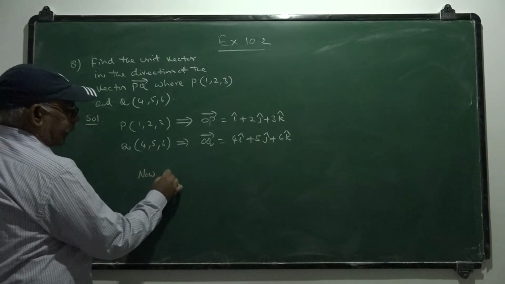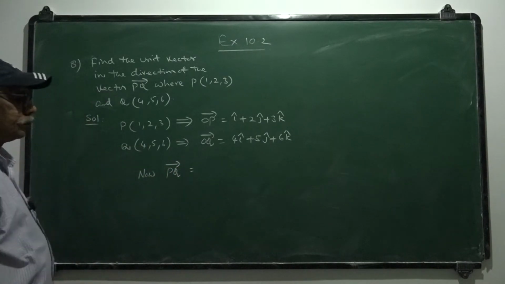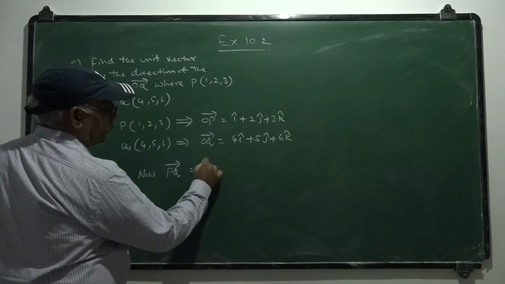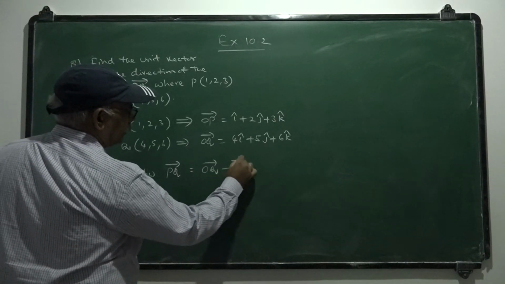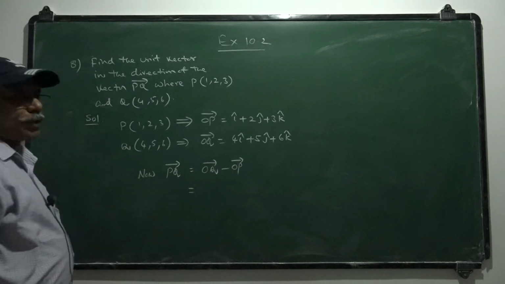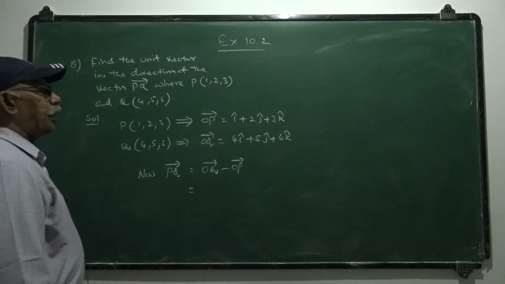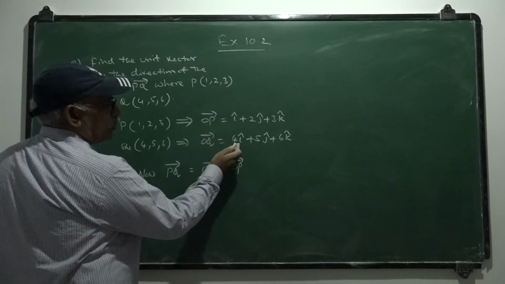Now the vector PQ bar, in terms of its position vectors, is the position vector of tail minus the position vector of head, that is, the position vector of the ending point minus the position vector of the initial point. OQ bar minus OP bar.